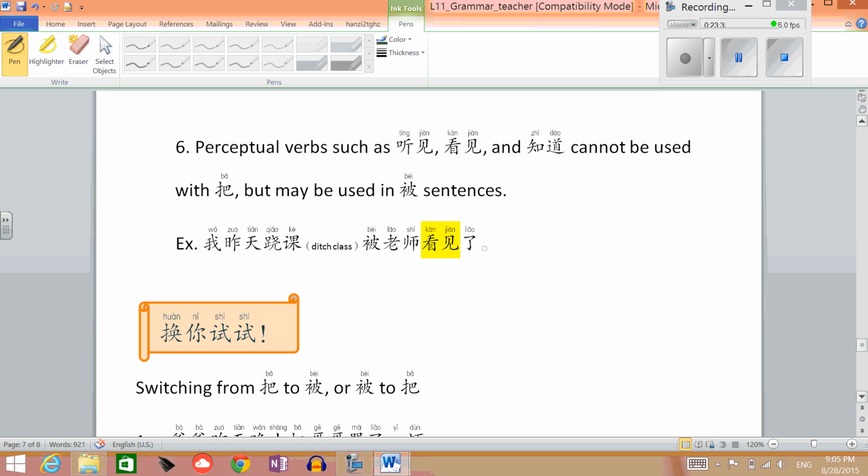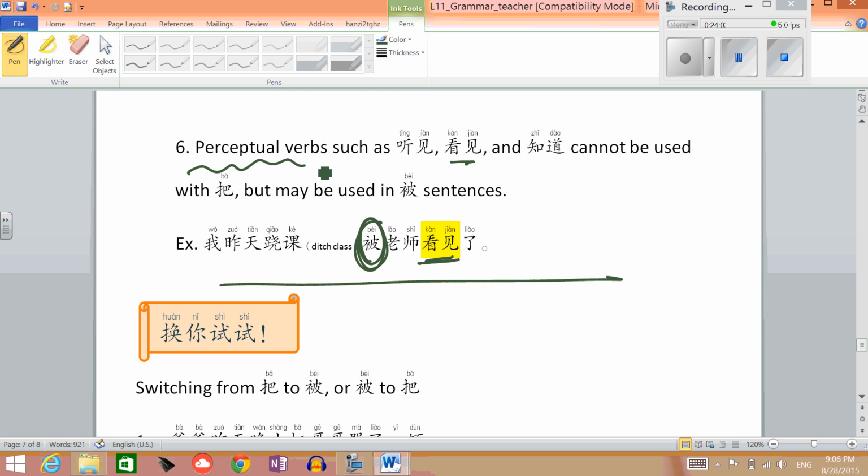So the translation should be, you figured it out. We'll talk about it in class, so you can write it here. 我昨天翘课被老师看见了. So here in the sentence, you can use 被, but you cannot say 老师把我昨天翘课看见了. No, you can't say that. Just because of the verb 看见 here, the perceptual verb.